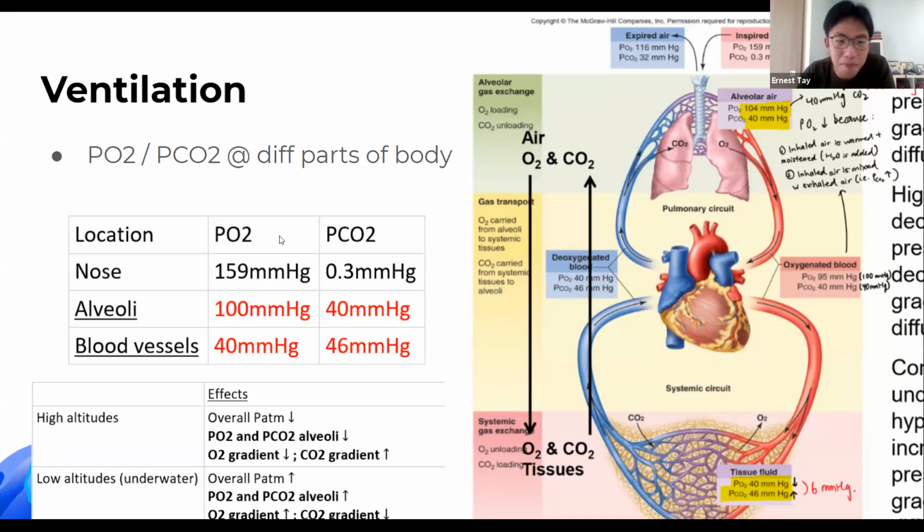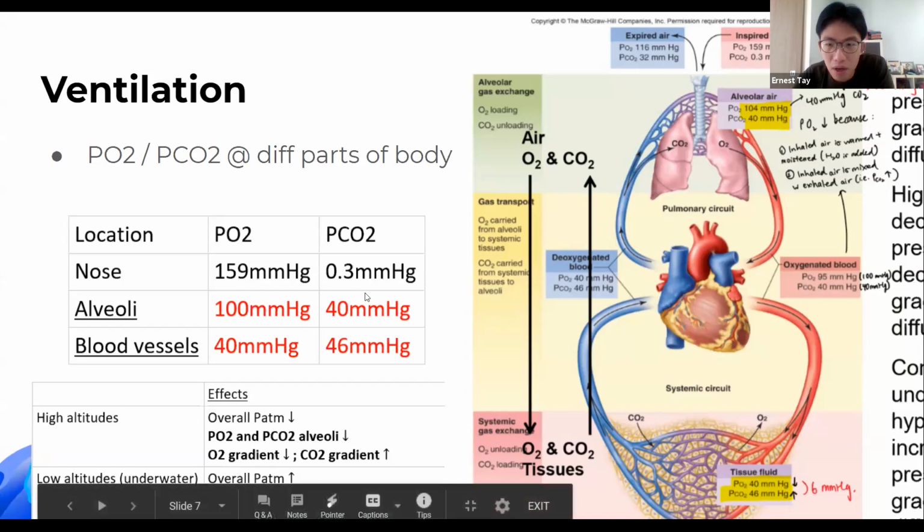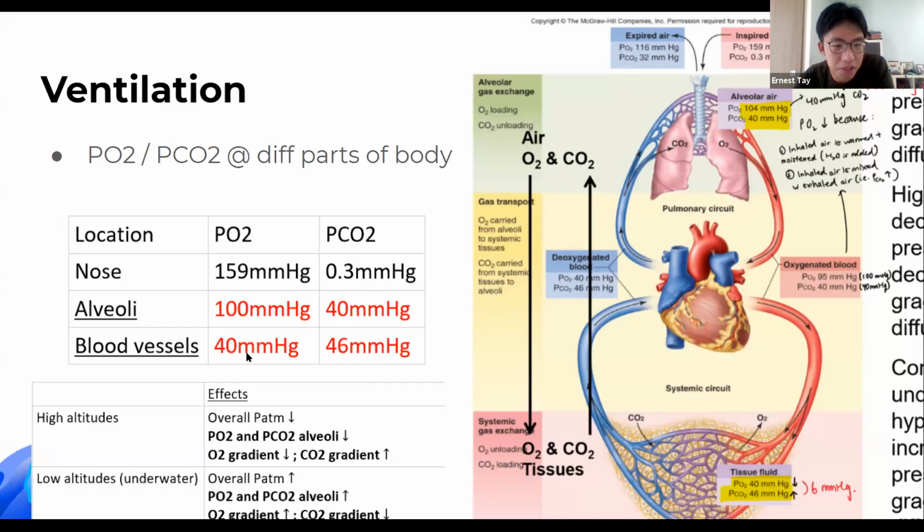Okay. You don't really need to know the nose, but what you need to know is the alveoli and the blood vessels. When you move from the nose to the alveoli, the air that you breathe in is very rich in oxygen and very poor in carbon dioxide.